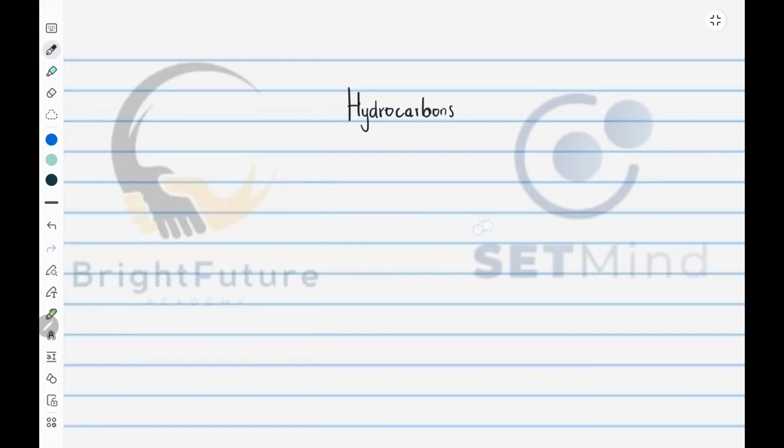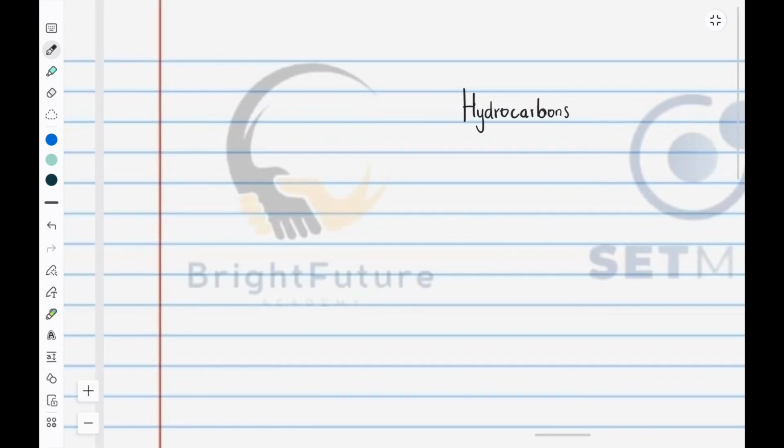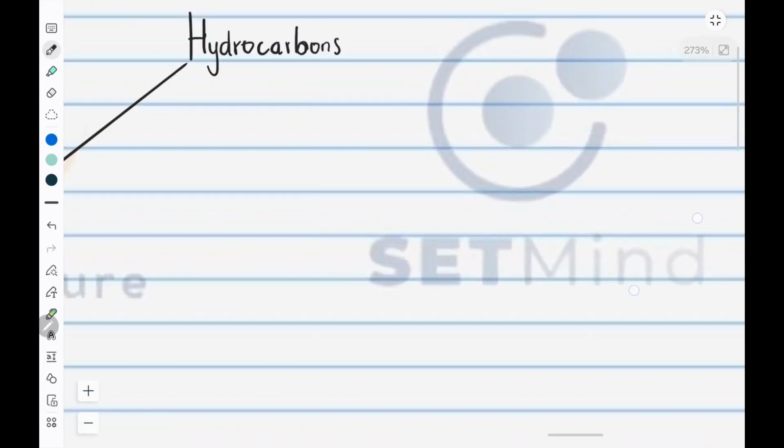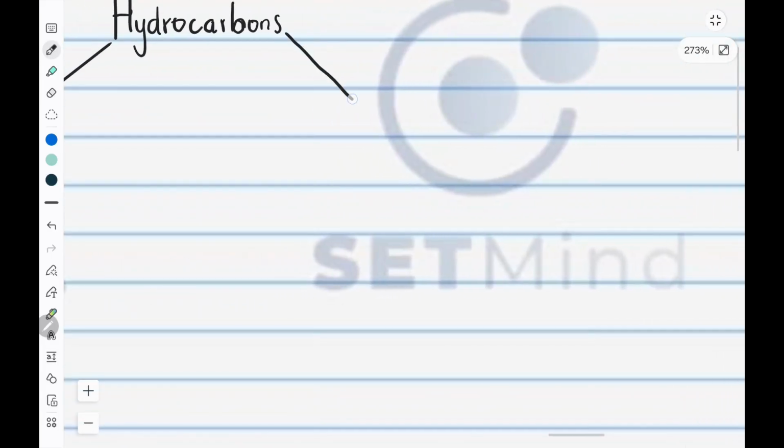they are also divided into 2. There's what you call aliphatic and aromatic hydrocarbons. All right, so we have aliphatic, and they can also be aromatic.